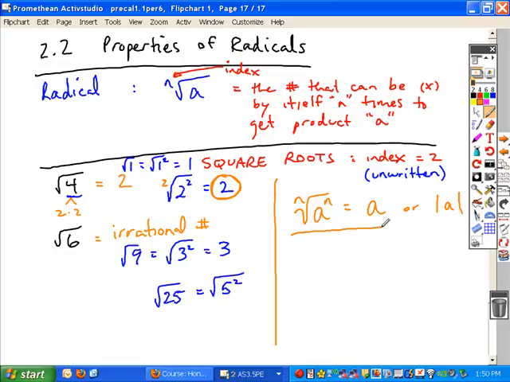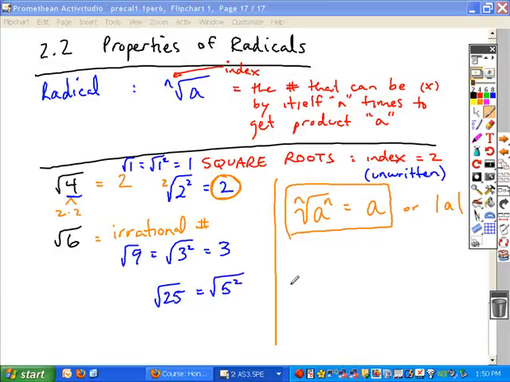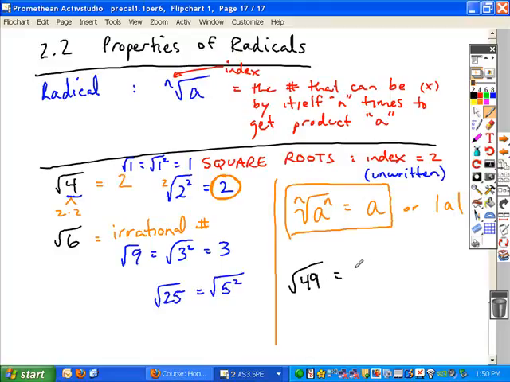For right now, we'll emphasize this part. If I gave you the square root of 49, what does that simplify to? 7, because 49 is a perfect square. Therefore, index and power cancel, leaving just the base of 7.